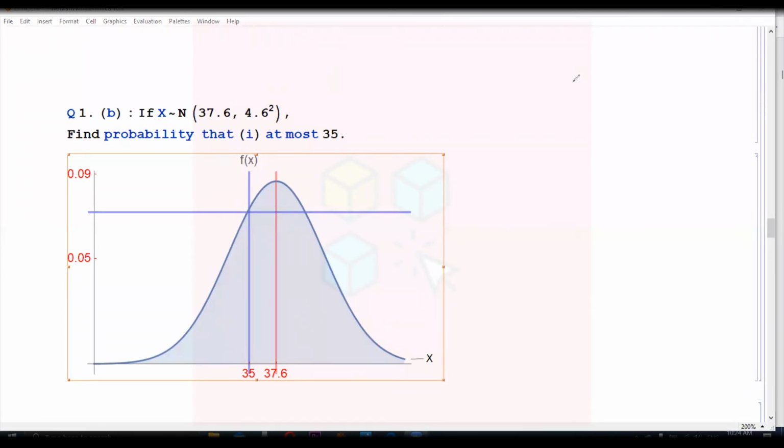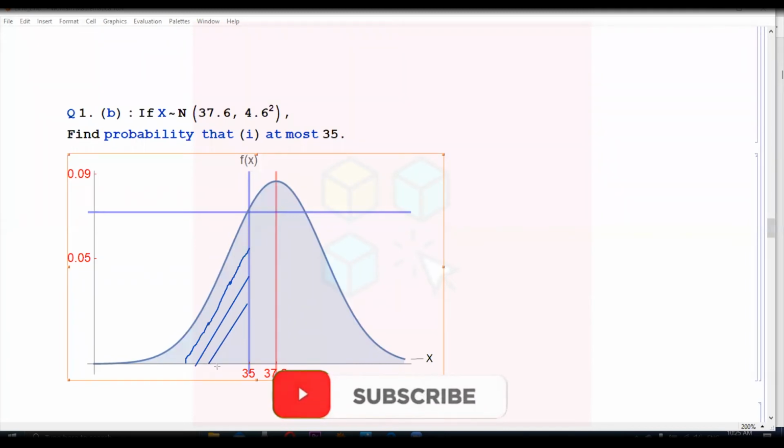The area on the left side of this 35 would be shaded. If I color it, then this area would be shaded, the area starting from minus infinity up to 35. At most means maximum 35.